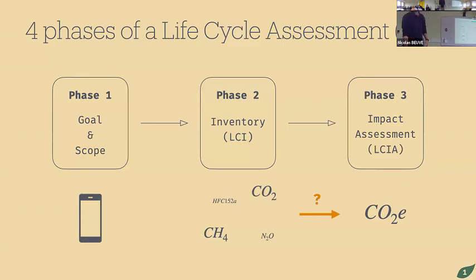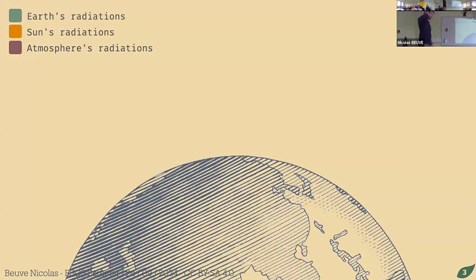For those who were present last month, you have probably seen this slide before, not exactly this one, but the idea. So to understand how CO2 equivalent works, we need to understand how global warming works. The idea of global warming is that Earth has a temperature, and its temperature is determined by the amount of energy it receives.